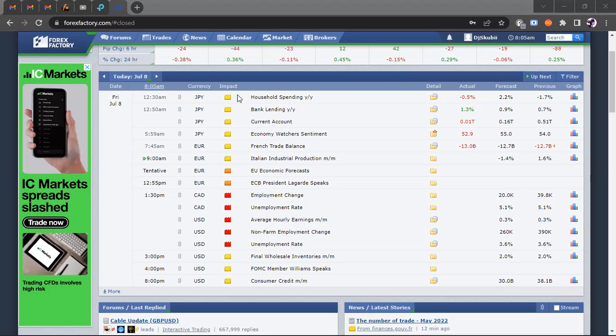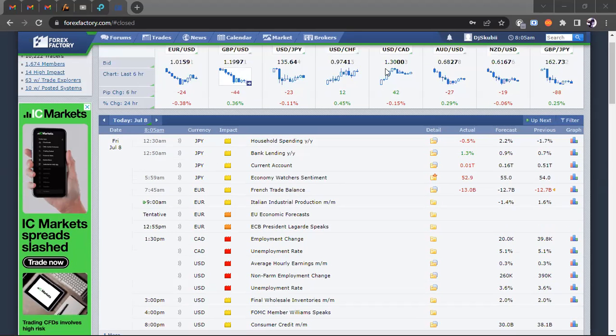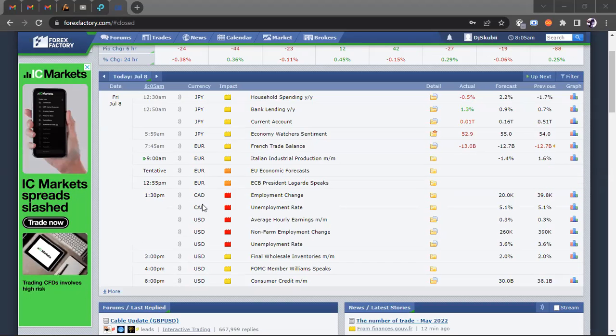So on the fundamentals today, we have unemployment change and unemployment rates. These are big economic indicators, macroeconomic targets.